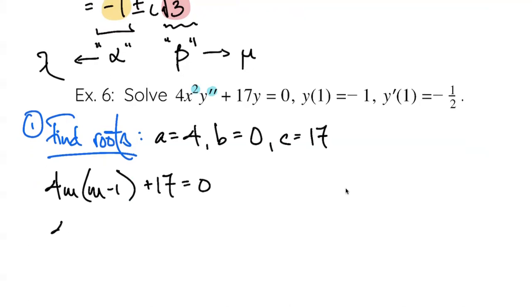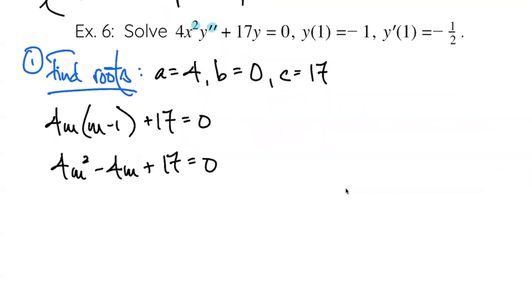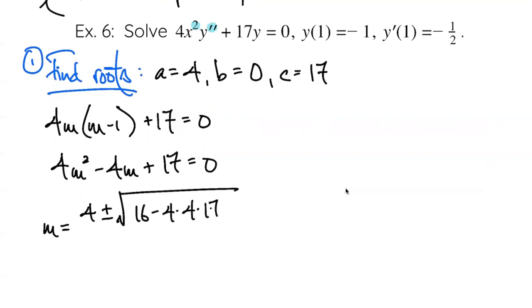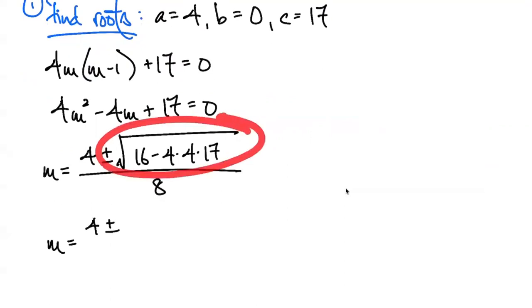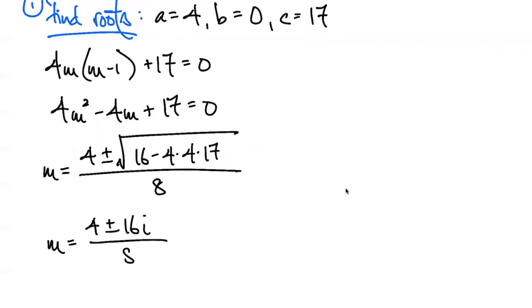We do a little bit of algebra. 4m squared minus 4m plus 17 equals 0. We say that's not factorable, so let's use our quadratic equation. And this 16 minus 4 times 17 all over 8, right? 2 times 4. And we go ahead and we simplify a little bit. I believe this whole big clump here becomes, and when I take the square root, will become 16i over 8.